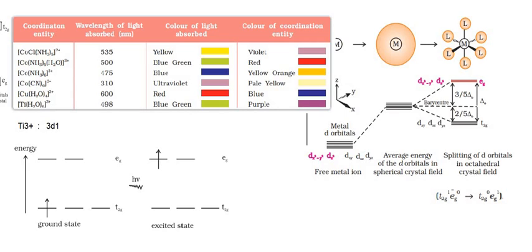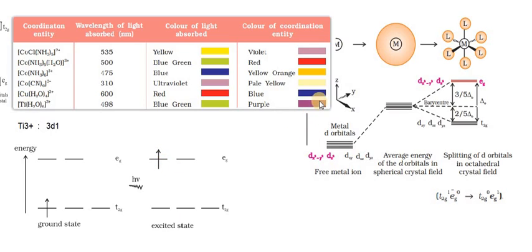First of all, let's understand the violet or purple color of this particular complex. It is due to the electron from the ground state absorbing energy equivalent to 498 nanometers of wavelength, and with that energy it gets excited.